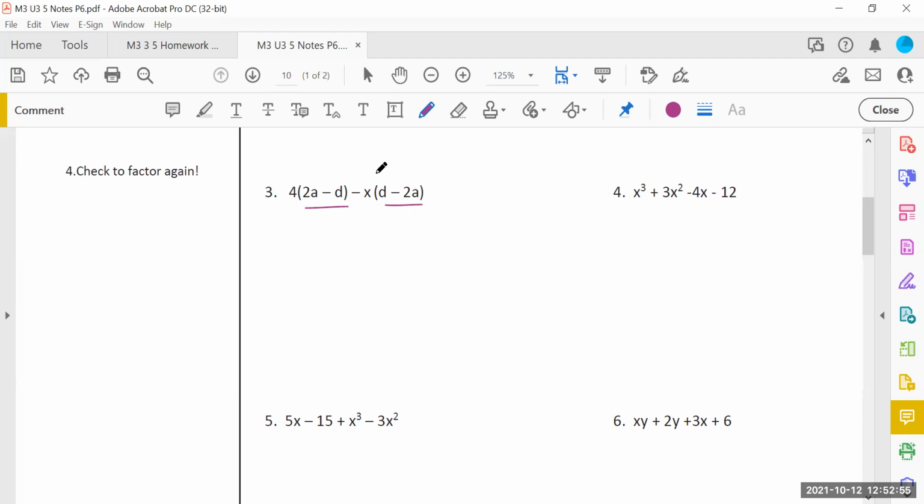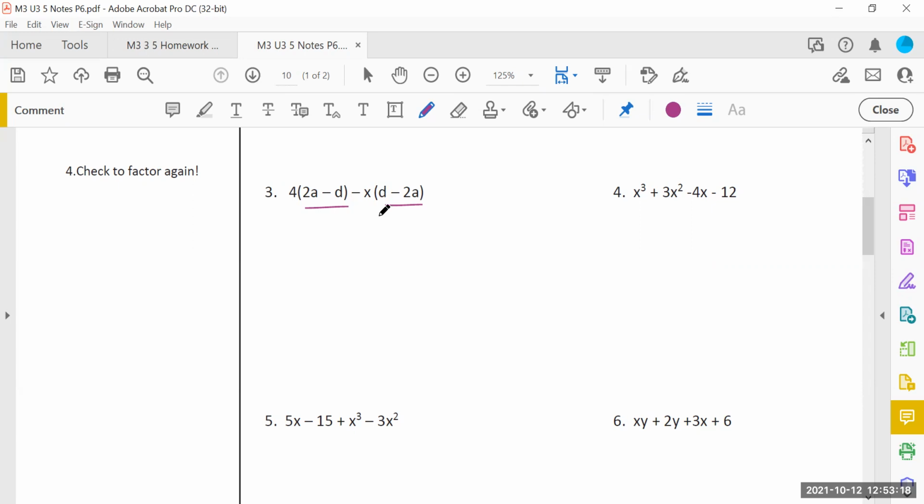There is a very simple, easy trick to make these match. And it's going to come up 1 out of every 4 problems. It's going to come up pretty frequently, but not all the time. If the 2 sets of parentheses are exactly the same, but the signs are all switched, you can essentially factor a negative out of all the terms. So I'm looking at this one, d minus 2a.